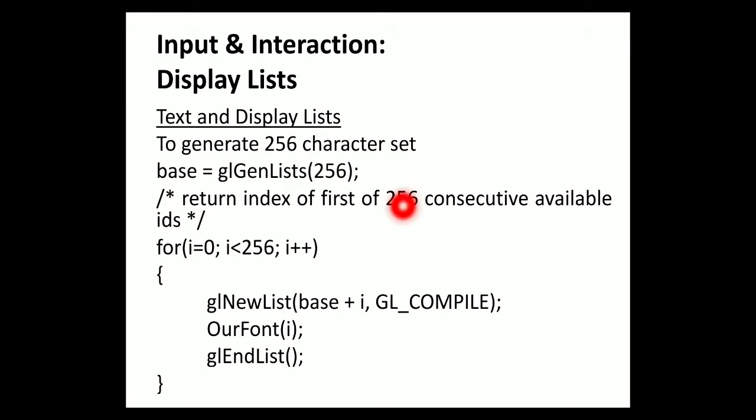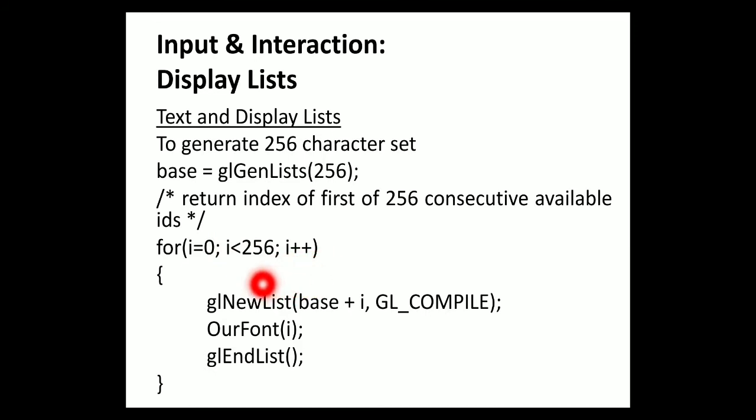To obtain the index of characters that has been assigned to base, we will make use of the for loop. In this case, glNewList, the first parameter is what? The name. The name is nothing but your base plus i.